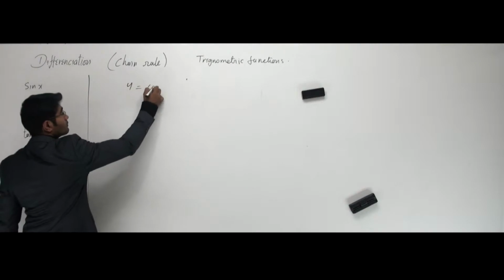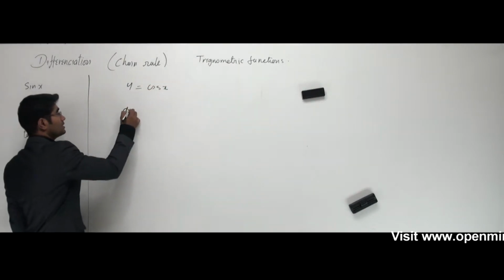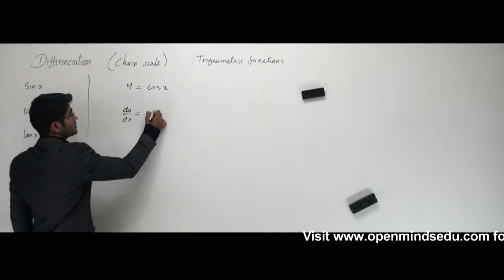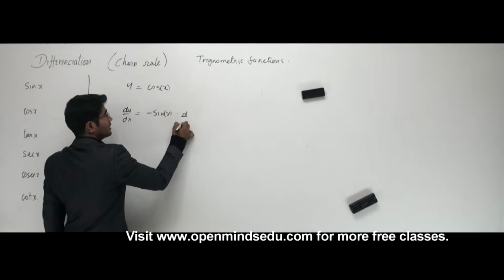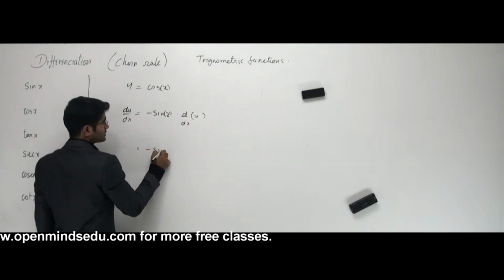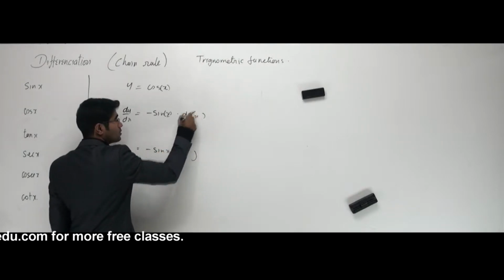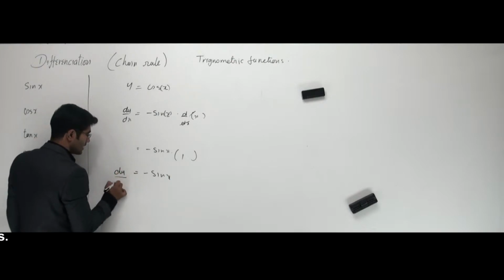Now let's continue and see how we can differentiate the second one, y is equal to cos of x. Generally, dy by dx would be minus sine x, which I know from the formula, into d by dx of what is inside, that is x. So minus sine x into 1 is minus sine x. That is dy by dx.